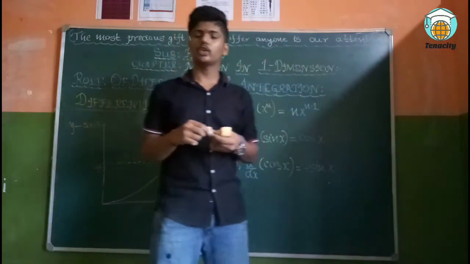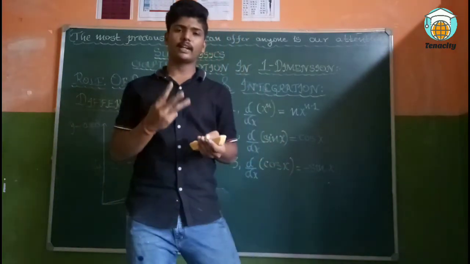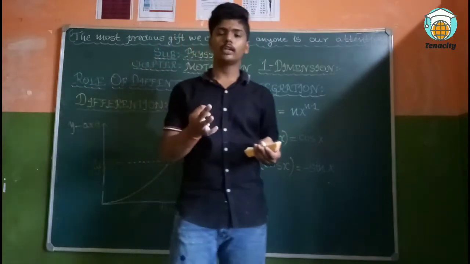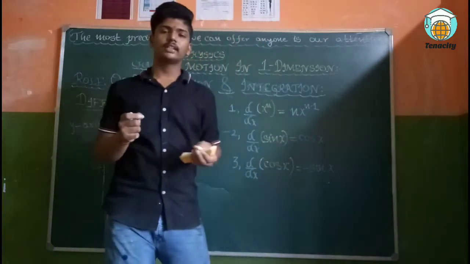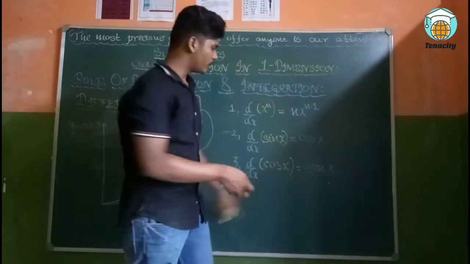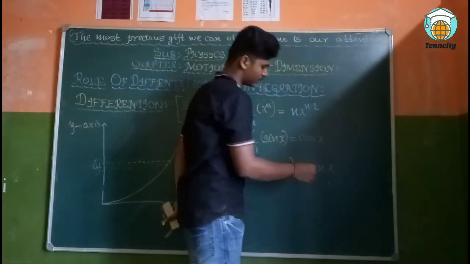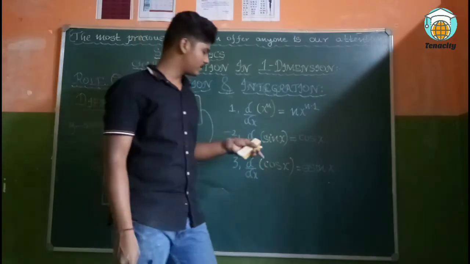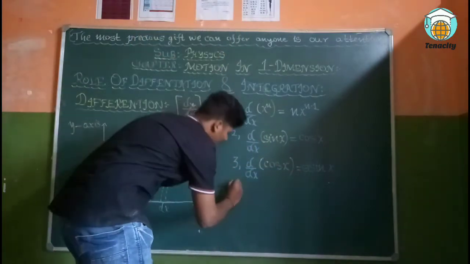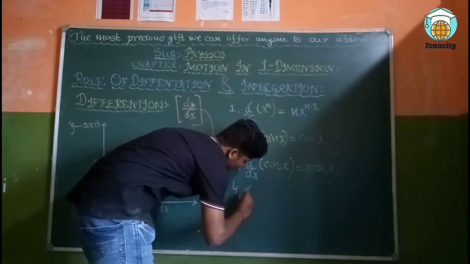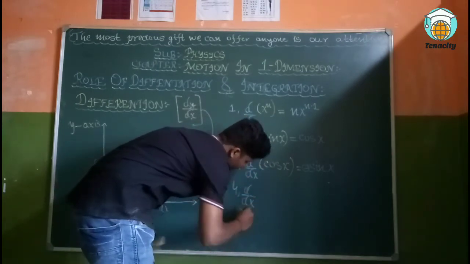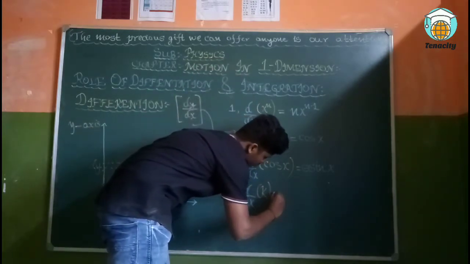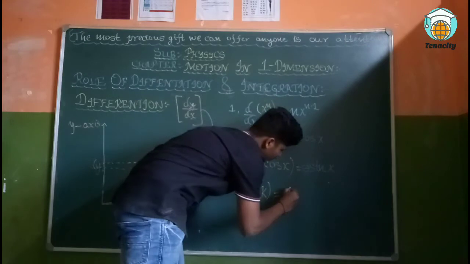Among trigonometric ratios, the three starting with the letter C, that is cos, cot and cosecant, have a negative sign in their differentiations. For the trigonometric ratios starting with C, keep this in mind. And the fourth one, d by dx of any constant is 0.